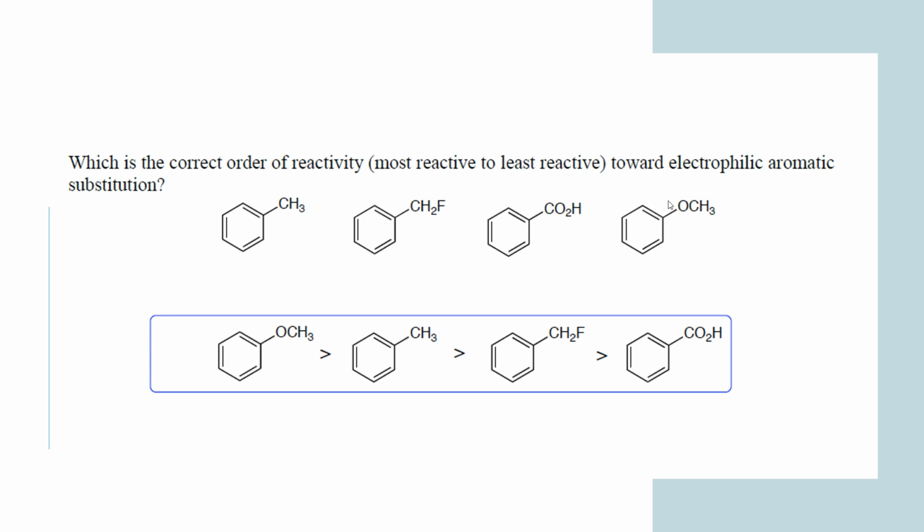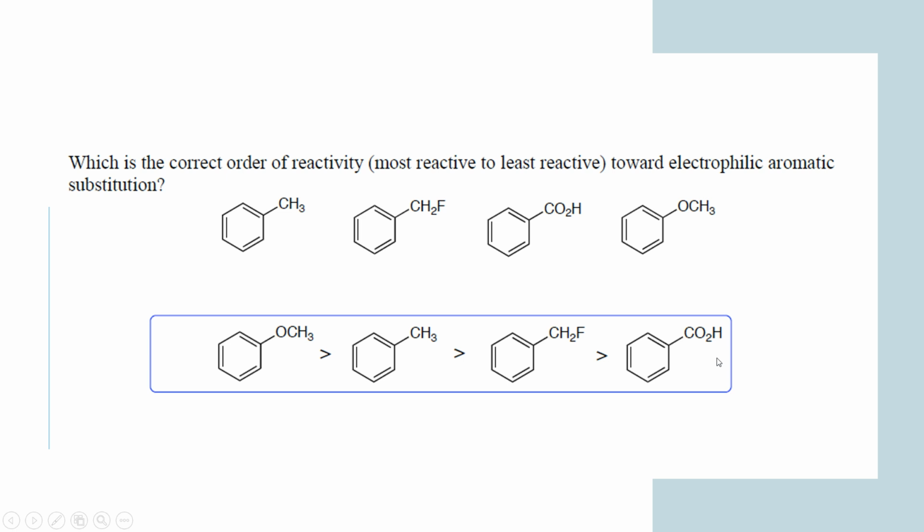And when we compare CH2F and COOH, CH2F is still an alkyl. Just one hydrogen is being replaced by fluorine, which is a highly electronegative atom. So it is still an alkyl. And when it comes to alkyl versus acid, alkyl is more electron donating. This is why it is placed on the third position of the series.